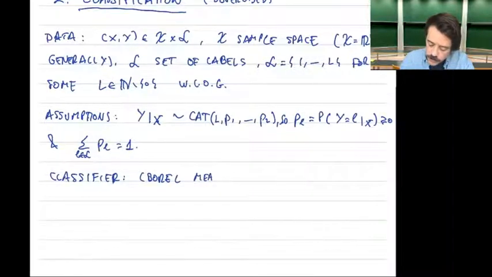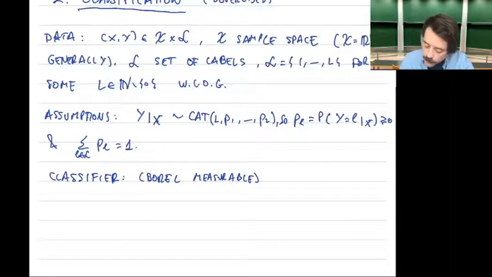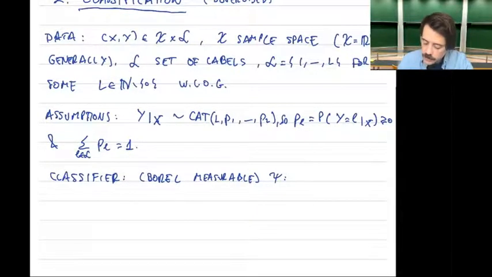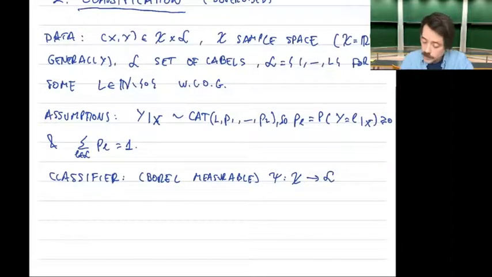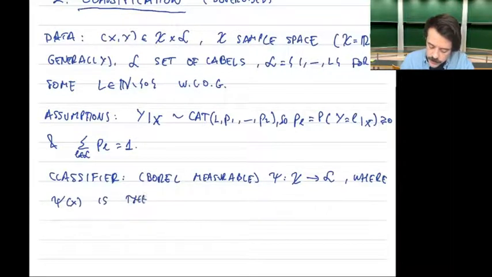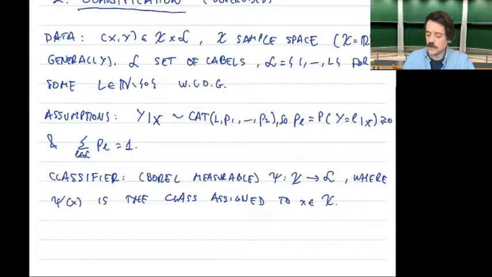So a Borel measurable function psi that is going to go from the sample space to the set of labels, with the interpretation that psi of x is the class assigned to x in this calligraphic X.